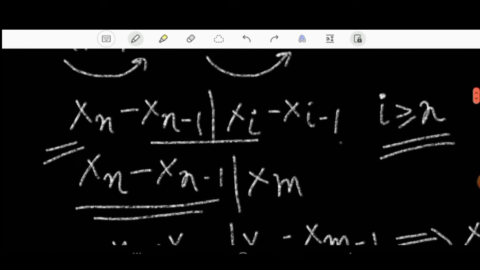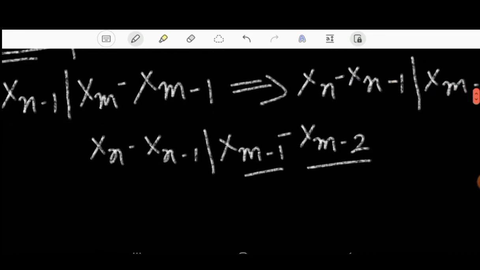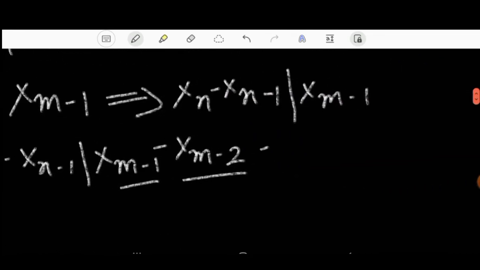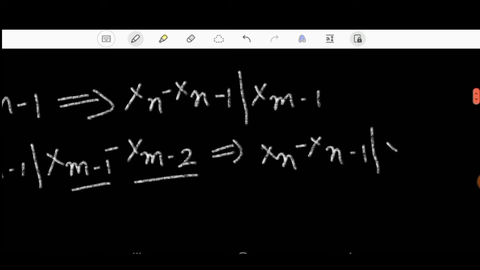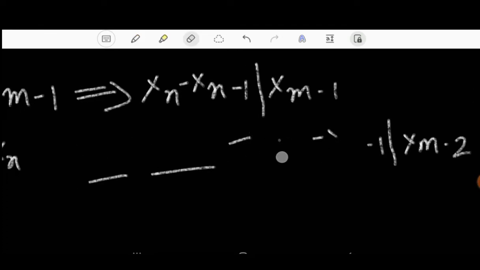And this will imply, separately again, xn minus x(n-1) divides x(m-2), so it will continue, we can say this.